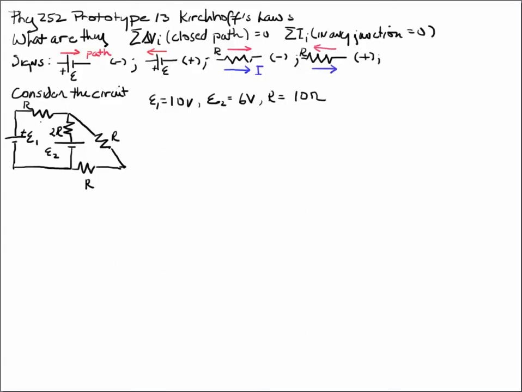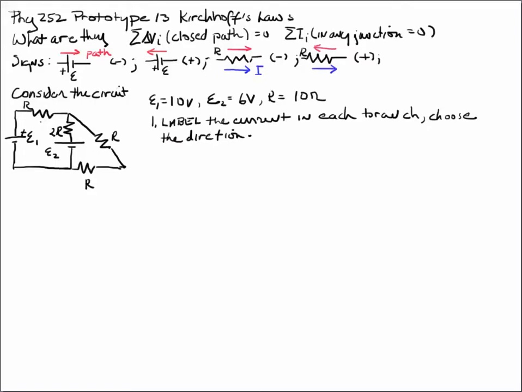Now let's consider the following circuit. We have an EMF source, epsilon 1, and a resistor R in the left branch, an EMF source 2 and a resistor 2R in the middle branch, and in the right branch we have R and R. We are also given that EMF 1 is 10 volts, EMF 2 is 6 volts, and R is 10 ohms.